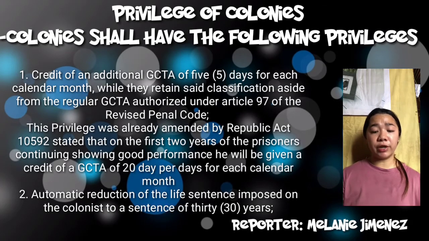During the first 2 years, deduction of 20 days for each month. During the 3rd to 5th, deduction of 23 days each month. During the following years, to the 10th year, deduction of 25 days for each month. And during the 11th and successive years, deduction of 30 days per month of good behavior.